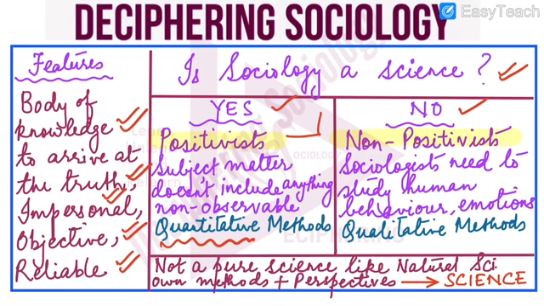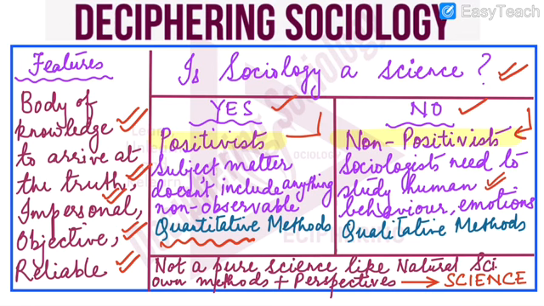But what do the non-positivists say? Non-positivists are people who believe that sociology cannot be a pure science like the natural sciences. Why? Because in sociology, we cannot overlook human behavior, emotions. We have to study them, because ultimately if we are studying society, then this is the smallest part or unit of a society and we cannot neglect them.